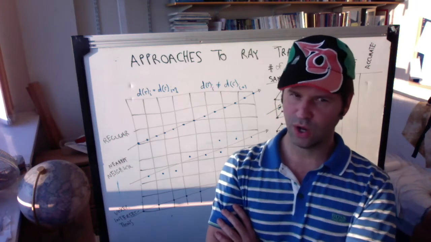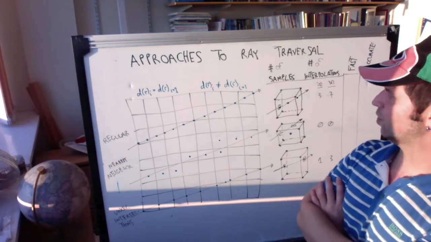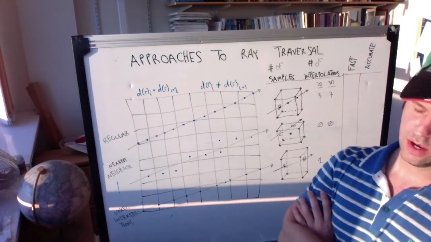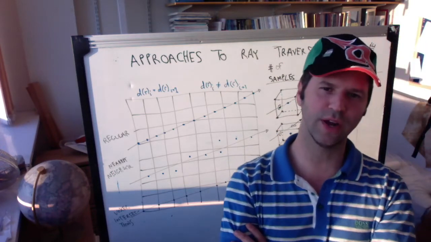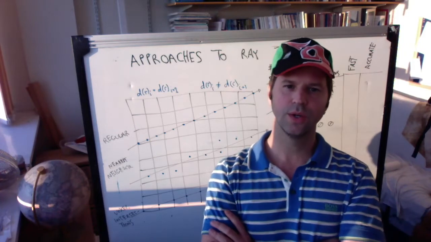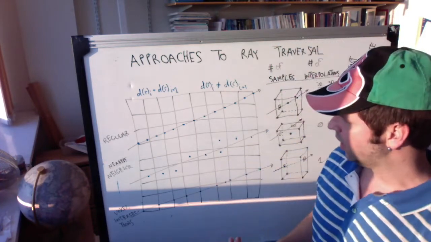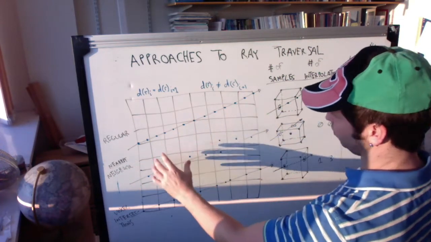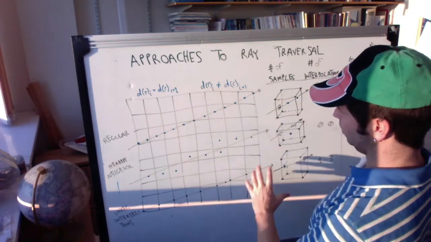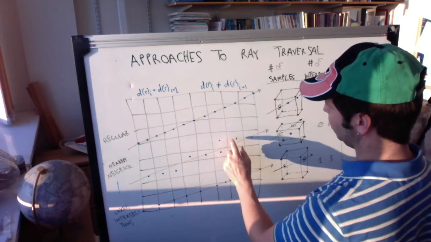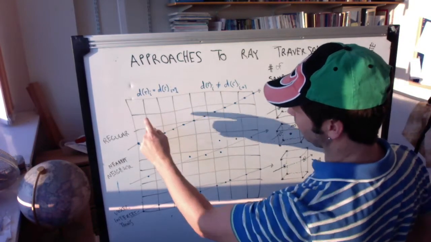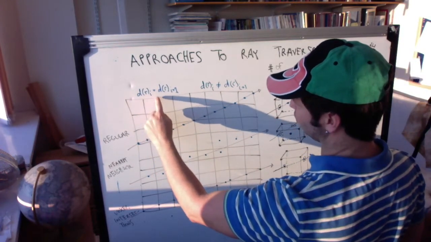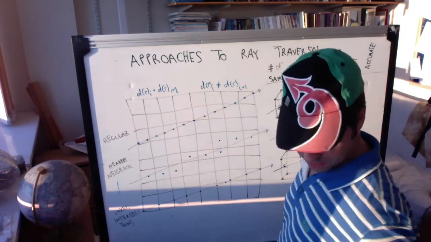We talked about approaches to ray traversal in the context of volume visualization with a special focus on direct volume rendering. So when we cast a ray into the volume, that's what this is trying to depict. The ray samples the data. Now in this case, the data is stored on a regular grid, right?